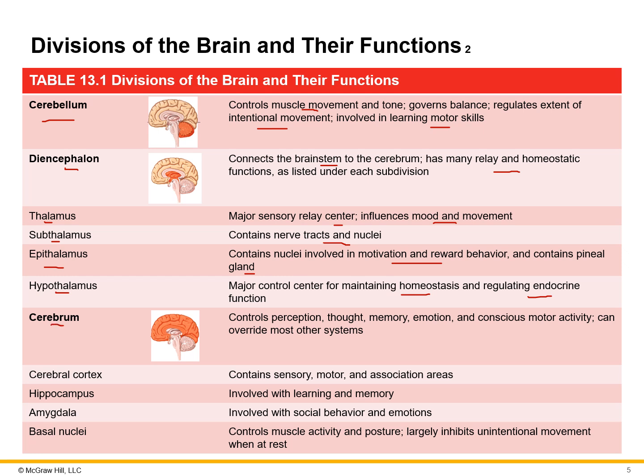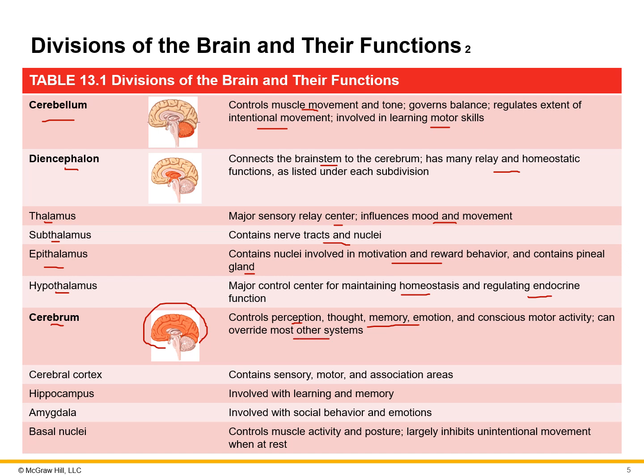Then the cerebrum, again, the biggest part of our brain, our central nervous system here. It controls perceptions, our thoughts, our memories, emotions, conscious motor behavior, and can override most of the other systems.